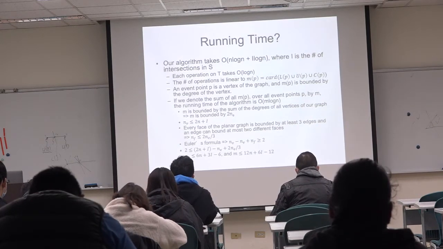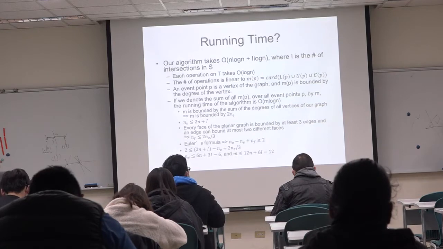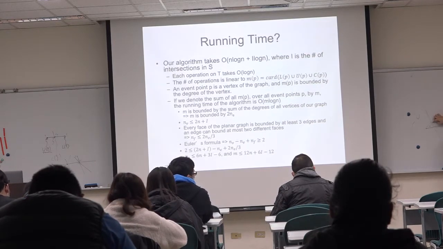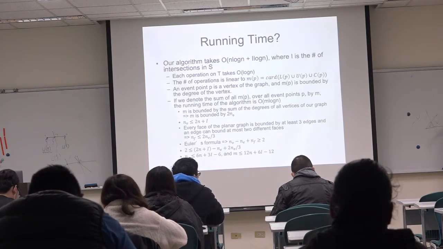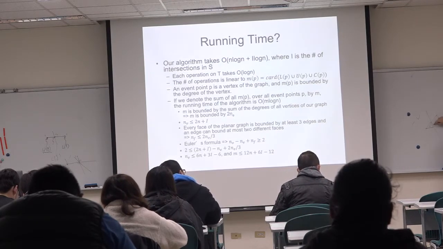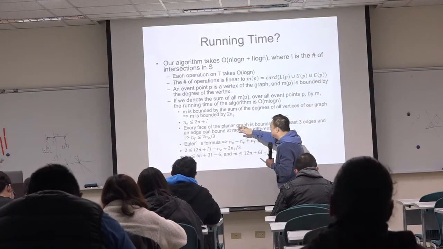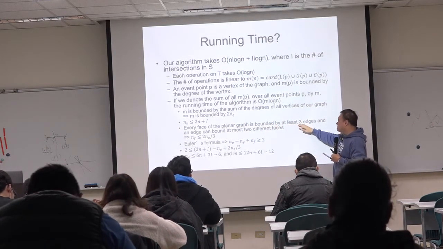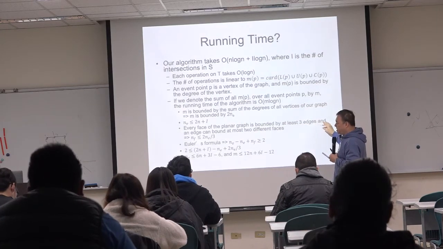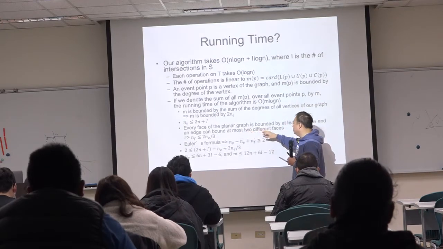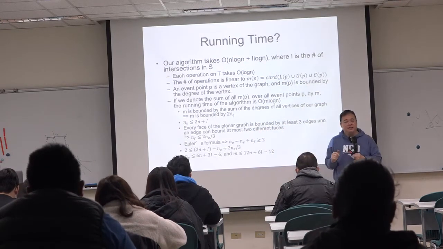It doesn't have to be surrounded by 3. For example, this face is surrounded by 4 edges. This one is surrounded by 3 edges. But every bounded face must be bounded by at least 3 edges, and an edge can bound at most 2 different faces.